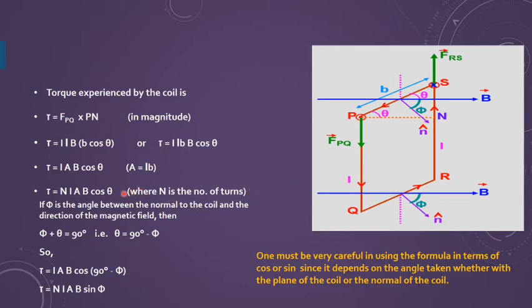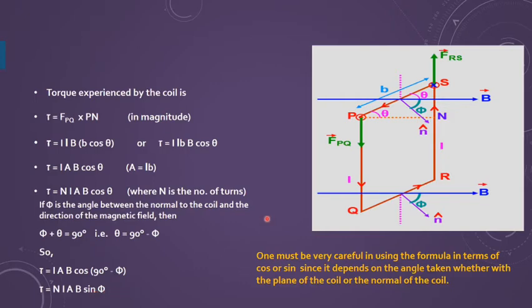If I take phi as the angle, then theta plus phi is 90. So I can write the formula for torque as NIAB cos (90 minus phi), because theta is equal to 90 minus phi, or I can write it as NIAB sin phi.